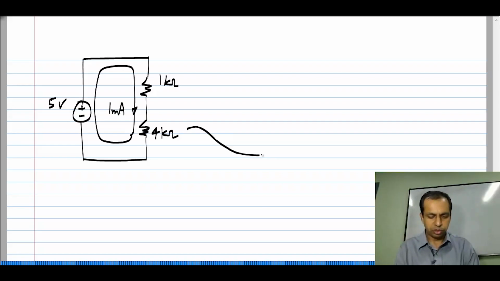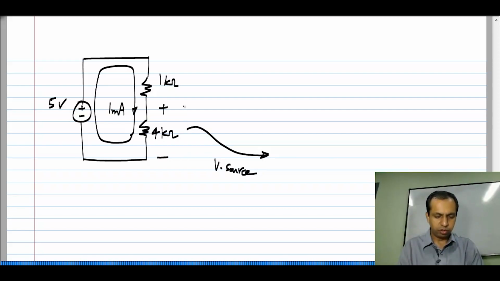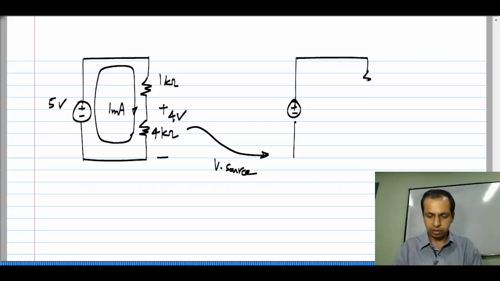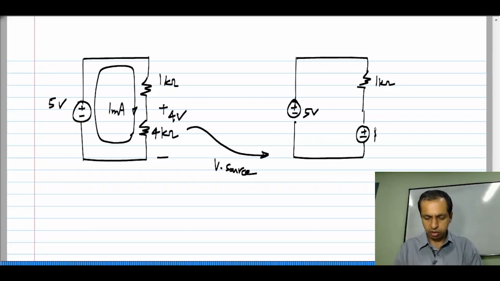Now, let me choose to substitute this with a voltage source. Now, the voltage across the 4 kilo ohm resistor is 4 volts. So, what I will do is take the same circuit, keep all the other components intact. This is 5 volt, but here instead of the 4 kilo ohm resistor, I will connect a 4 volt source.